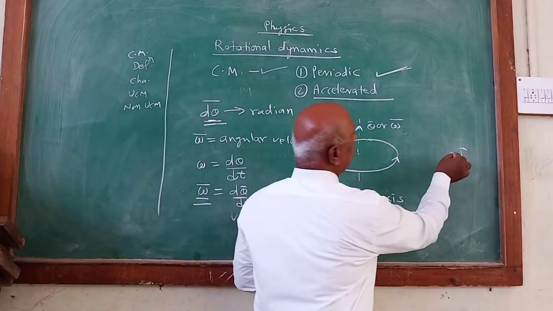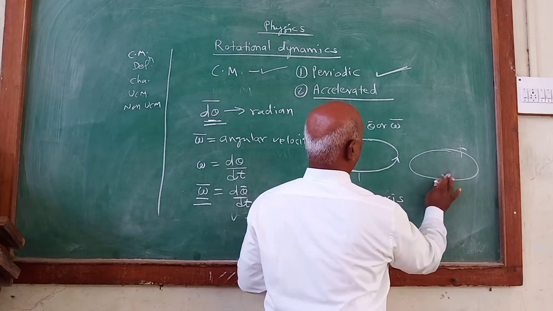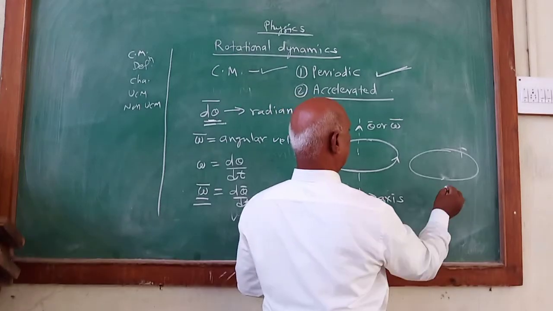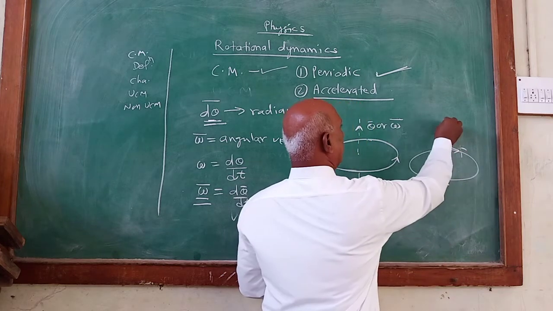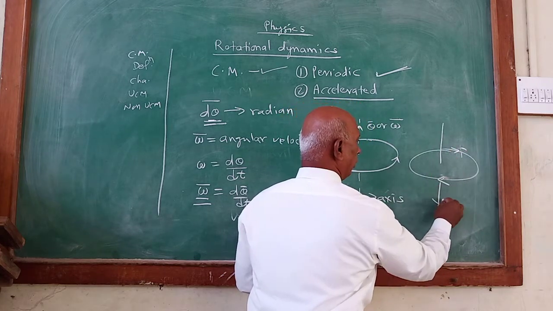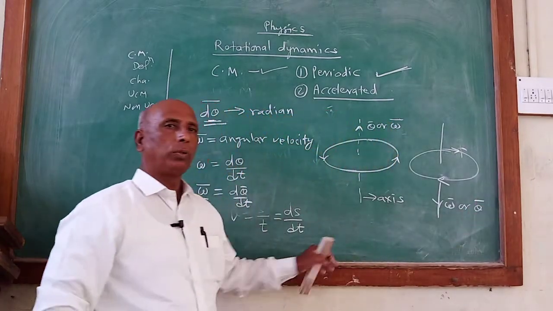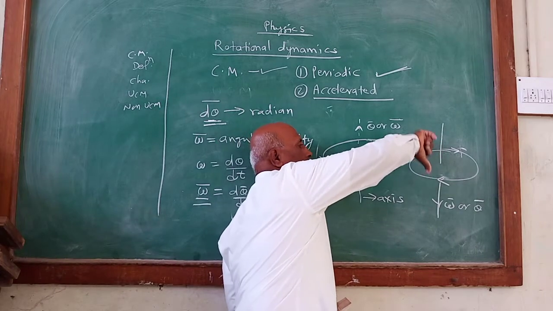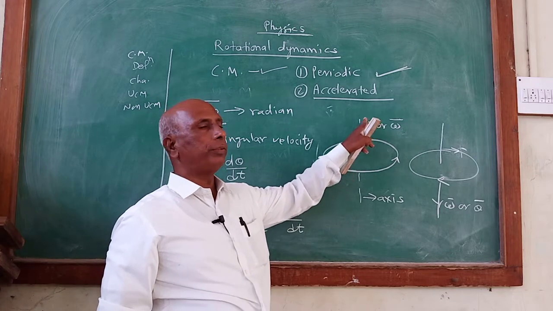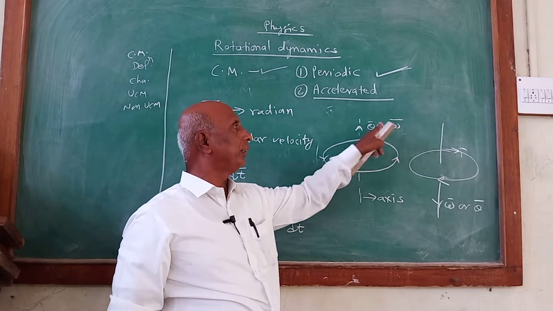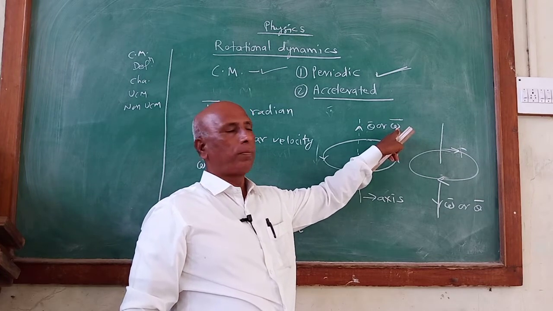If the body is moving in clockwise direction, then in that case omega bar or theta bar is directed downward, thumb is directed downward. So in this way we can find the direction of these vector quantities, that is angular displacement and angular velocity, by using the right hand rule.